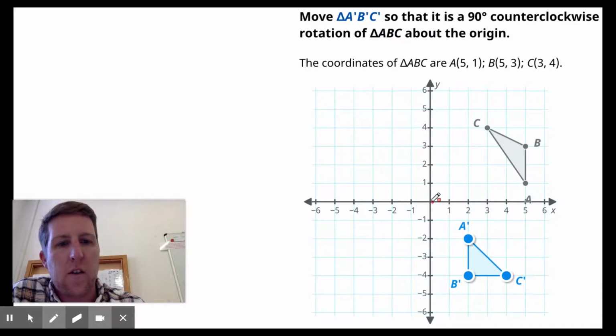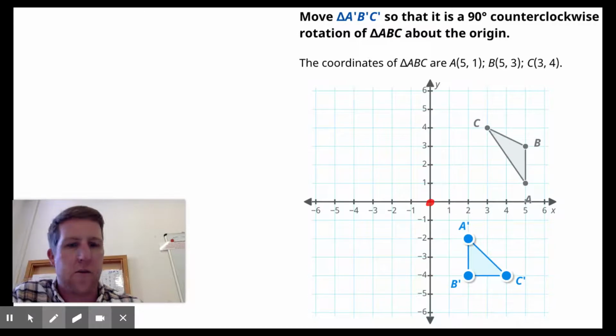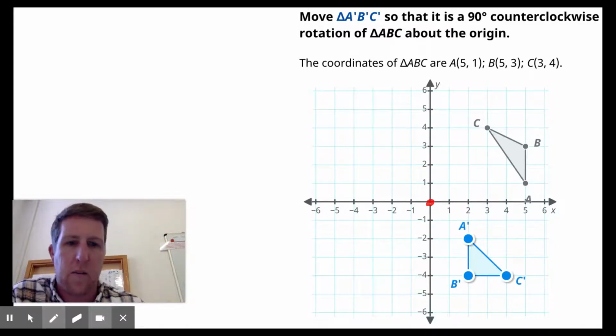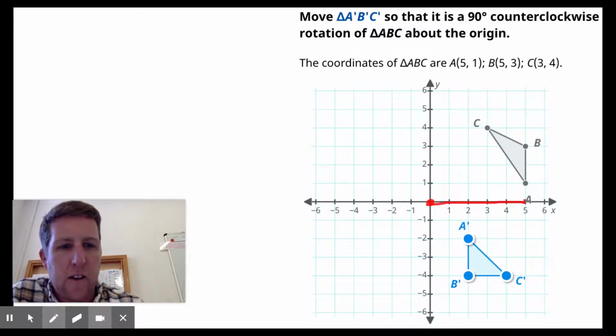If I start here, this is the origin, this is our rotation point. Imagine if you were rotating something and you had a pencil on the end, it would be like the point where you stick the pencil. It's like attached to this little string, kind of. So if I were to rotate this 90 degrees, it's going to look something like this. It's going to go up 5 and over 1 square.